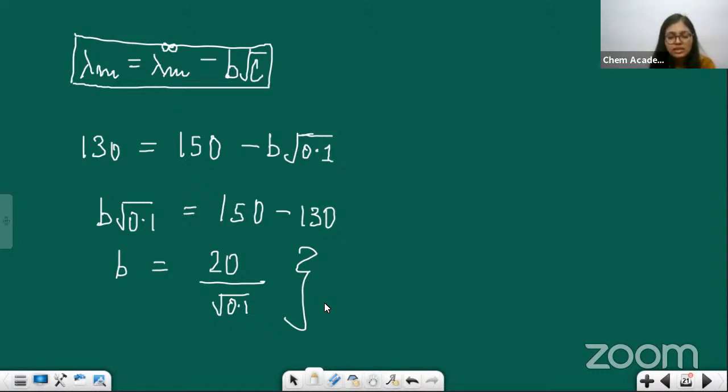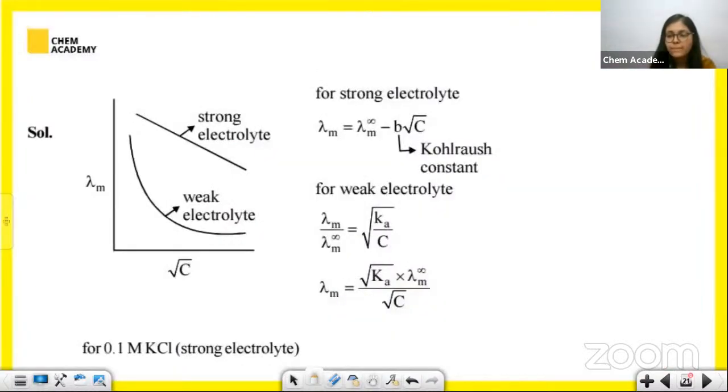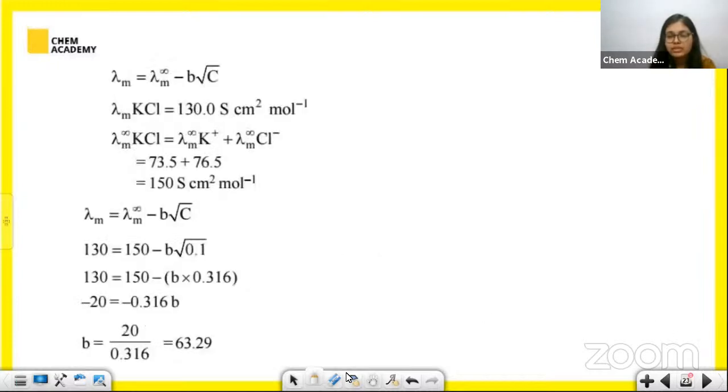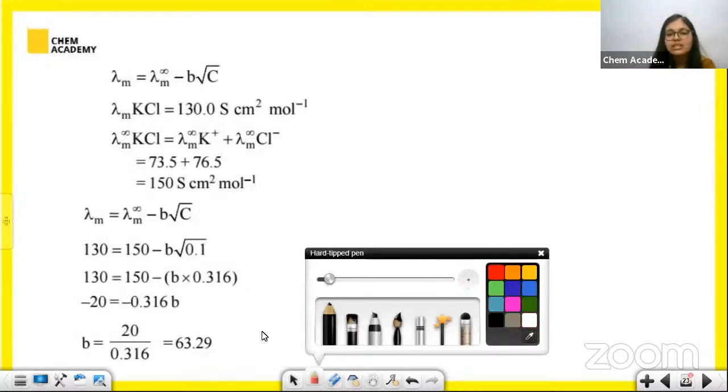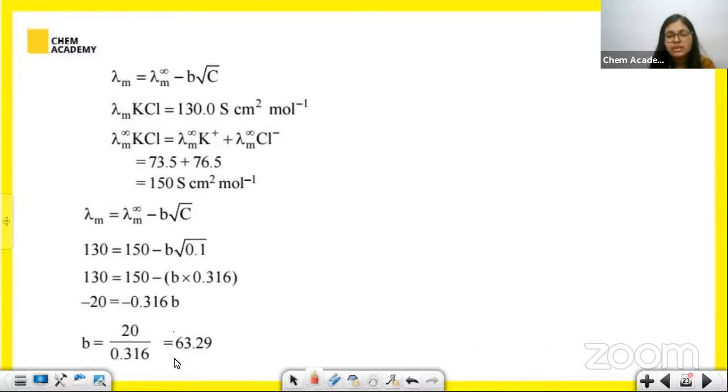Ayushi says that the answer is going to be approximately 63.29. Okay, Silly also says 63.2. Ayushi, Rajput also, Raj 63. Okay. Yes. The final answer is coming out to be 63.29.